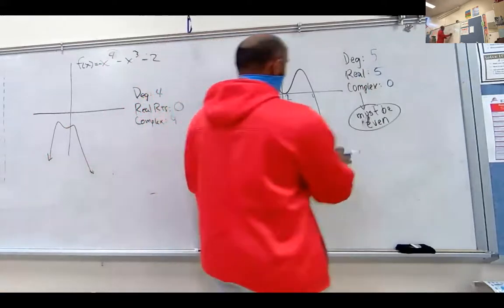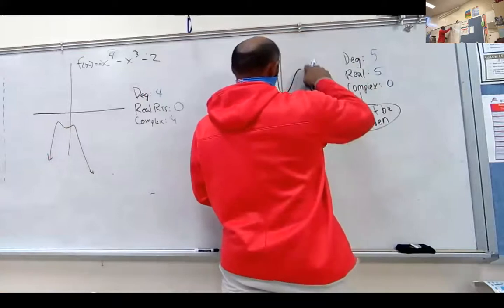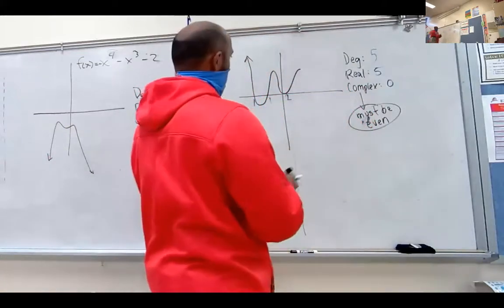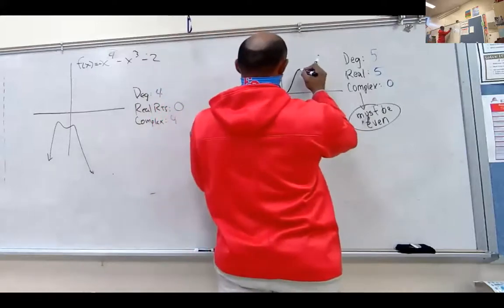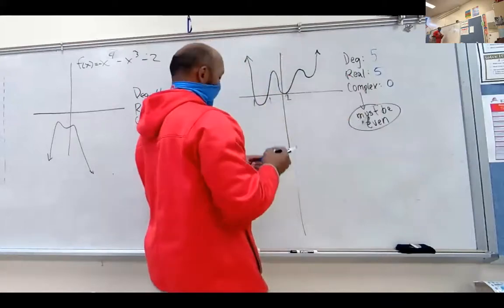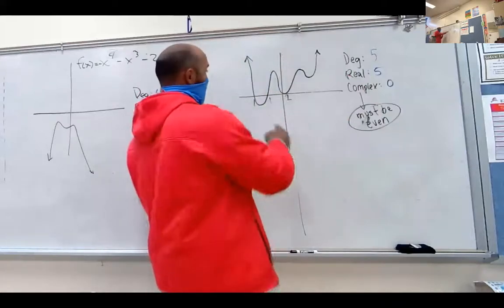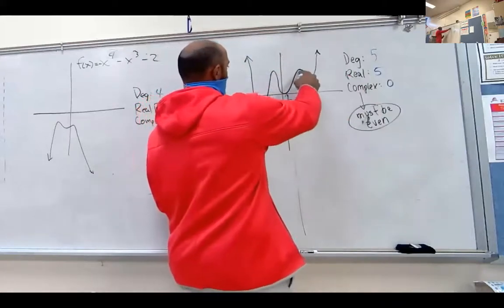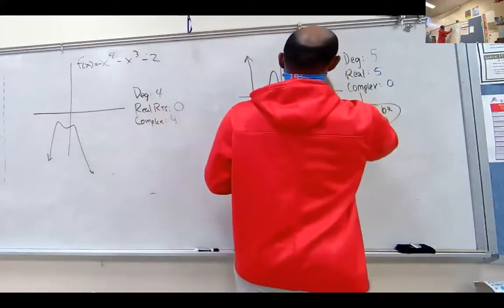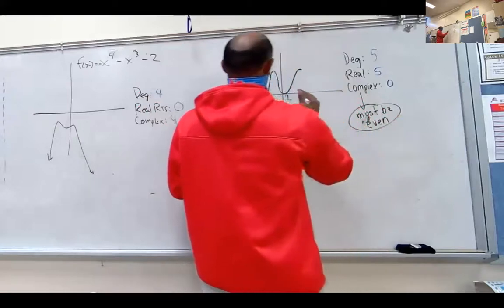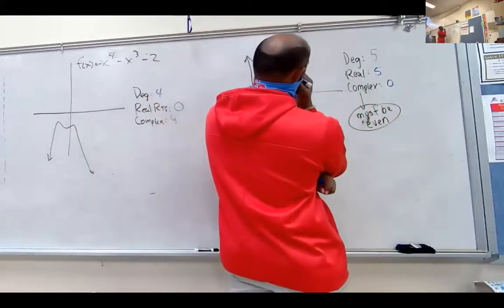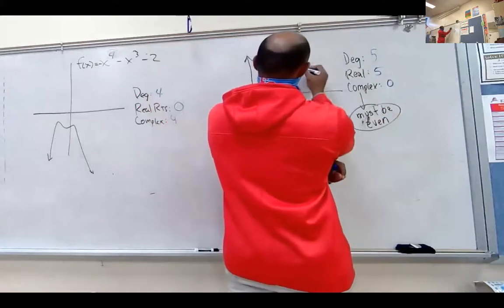Now, let me try to make this actually work to where it doesn't do that, right? It comes down, and then loops back up. Okay. So I still have that same amount of turns. So 1, 2, 3, 4. So now it's at 5. How could I get this to do what I want it to do? 1, 2, 3. Don't want it to do that. Oh yeah, I could probably do something like this.